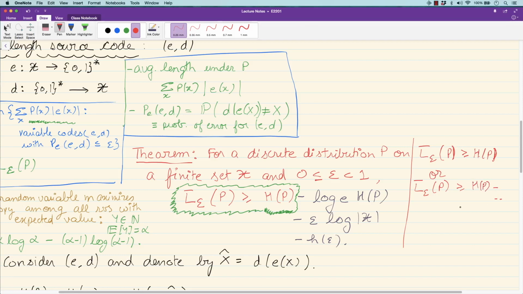So that's what we have shown. So this is the lower bound.